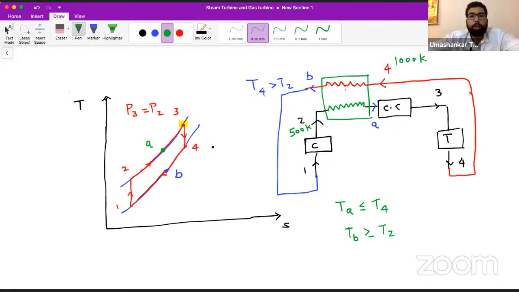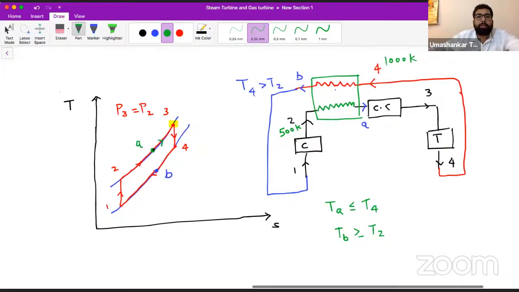Okay, because now you see, previously in the ideal cycle we have to add the heat so as to increase the temperature from 2 to 3. Now we only have to add the heat to increase the temperature from A to 3. And we already know that we cannot go beyond this T3 mark.